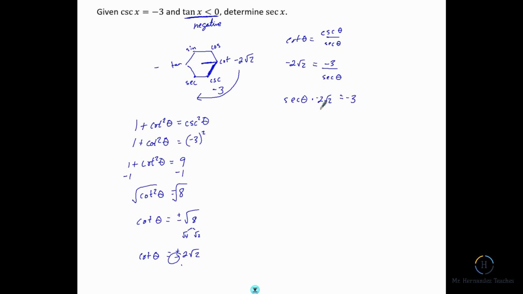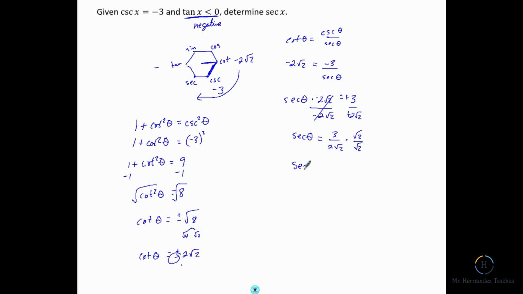I can divide both sides by negative 2 square root of 2. Those divide out, and I'm left with secant of theta, which is what we need to solve for. The negatives divide out, so both become positive: 3 over 2 square root of 2. I have this radical in my denominator, so I want to rationalize the denominator, so multiply by square root of 2 over the square root of 2.